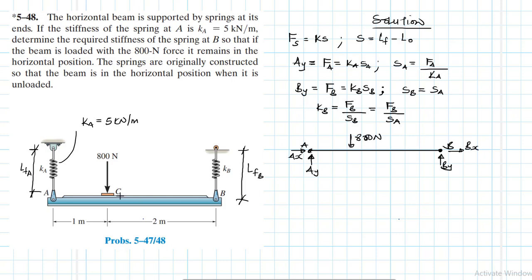Bx. But since we don't have any load in the X direction, and when you look at the supports, they are free to rotate at both ends of the spring. There's rotation here, there's going to be rotation also there.